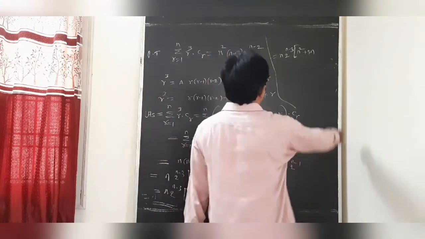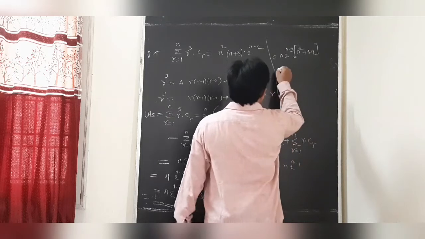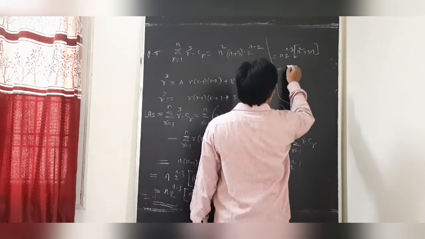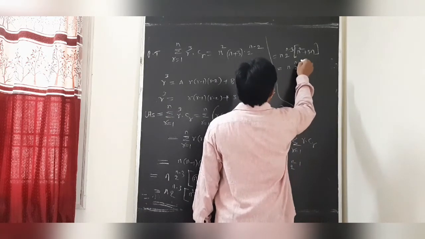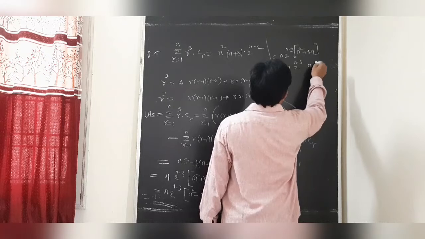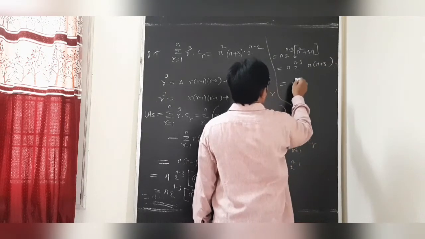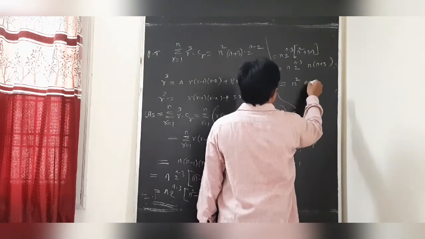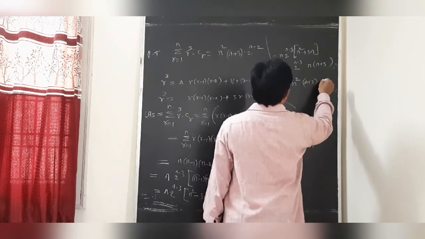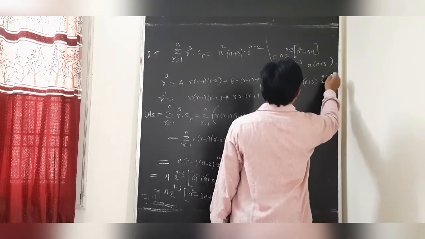So students, when we take n as common, n into 2 power n minus 3, n is common, n plus 3. Dear students, n into n square plus 3n, that is n square into n plus 3, 2 power n minus 3.